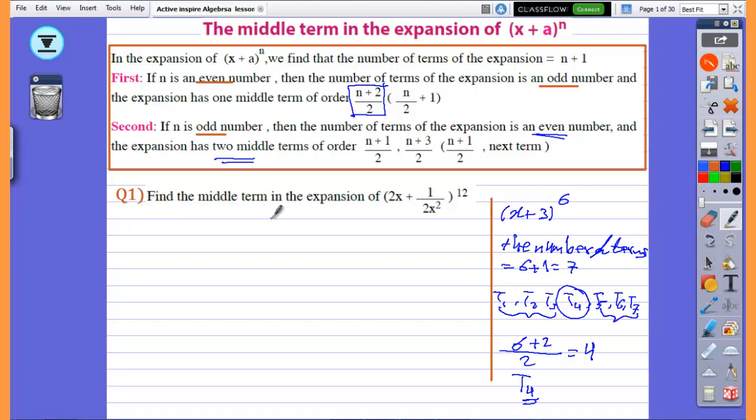Find the middle term in the expansion of (2x + 1/(2x^2))^12. Solution. First, we know that n equals 12, so the number of terms equals 12 plus 1, which equals 13.